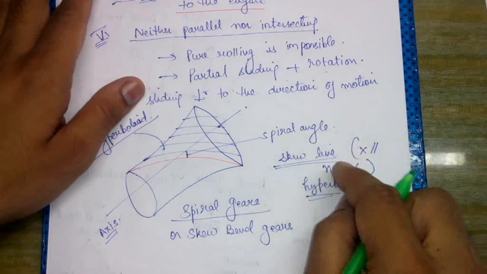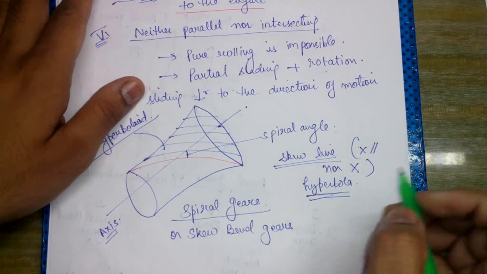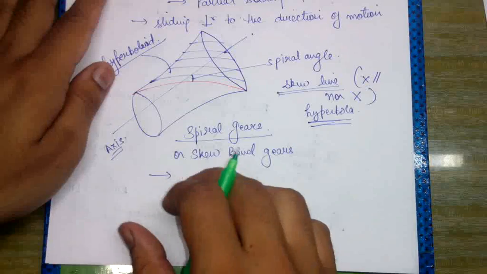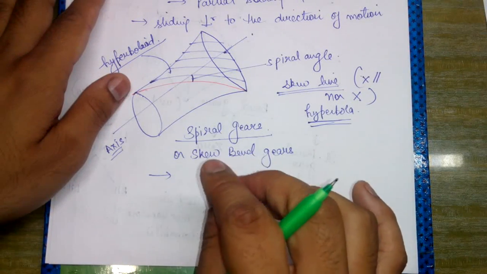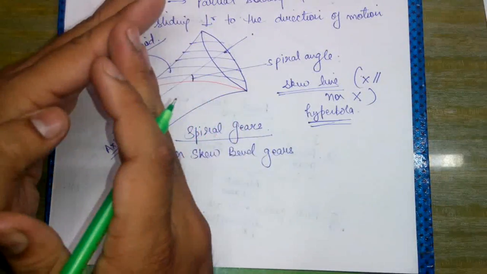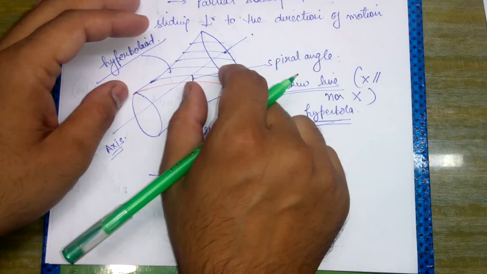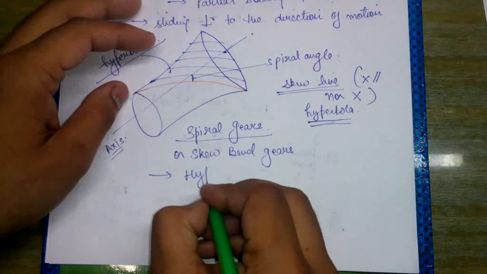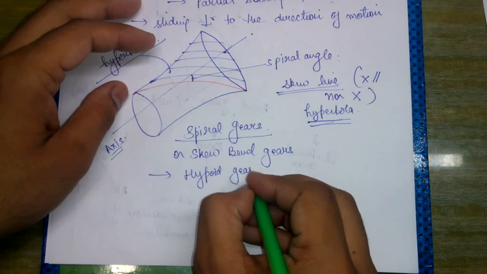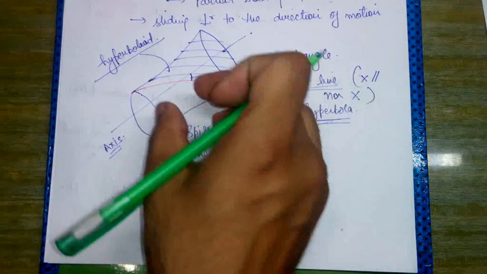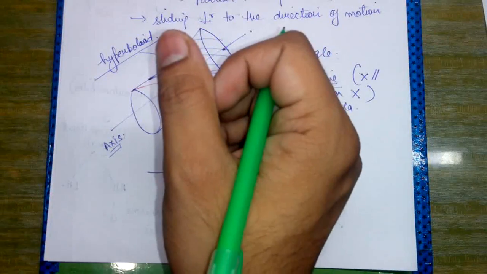So here the generating line is not a straight line, it is a hyperbola type of shape. A very important application of these gears is when there is some offset between the two shafts and this offset is very small, then some portion of the hyperboloid is used to form the spiral gear, which is called the hypoid gear. So hypoid gears are used when there is some space or offset between the shafts, and some portion of the hyperboloid is used to connect them.